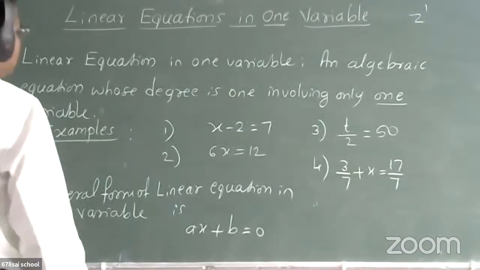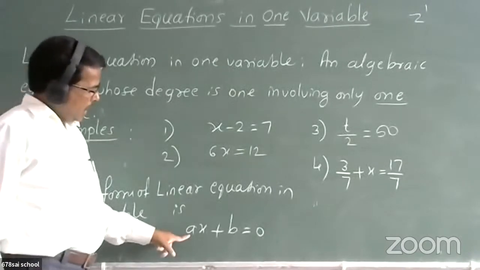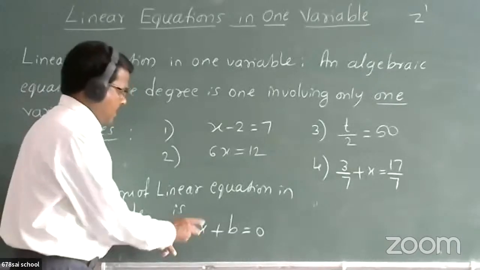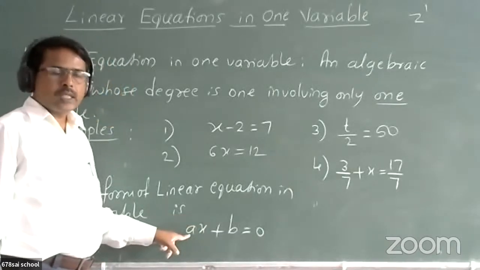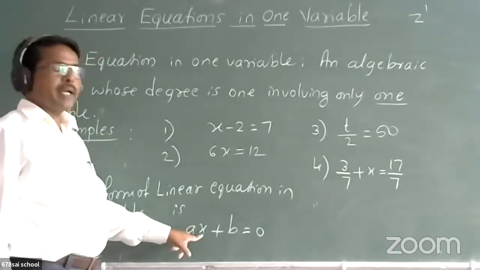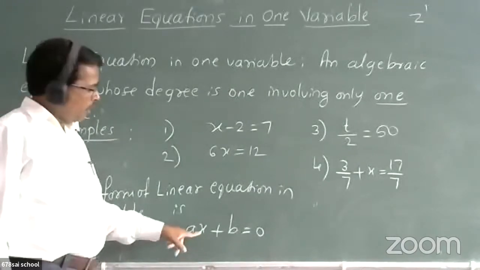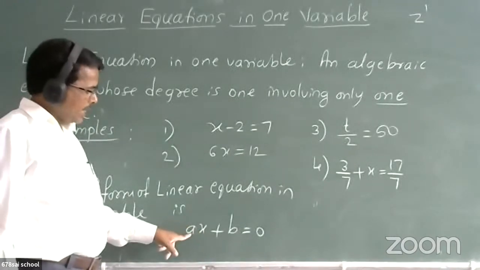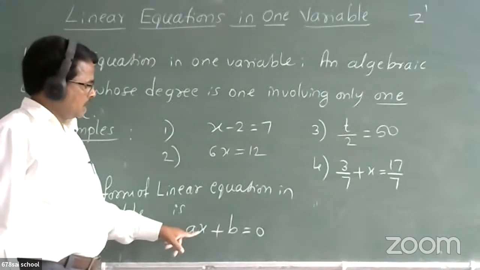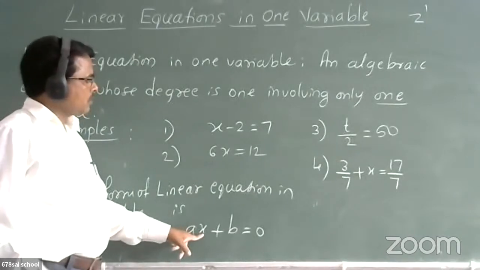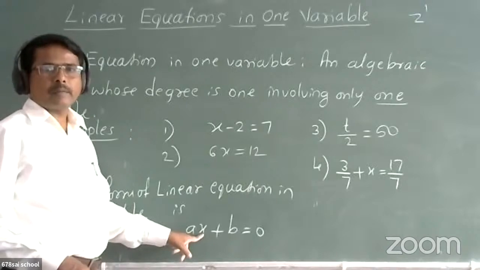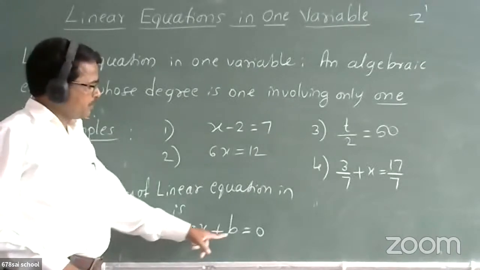What is a? a is called the coefficient of x. What is the coefficient of x? It is a number multiplied to x. How many times x is there, if you tell, that is the coefficient. The x term should be there when it is linear. ax plus b equal to 0.